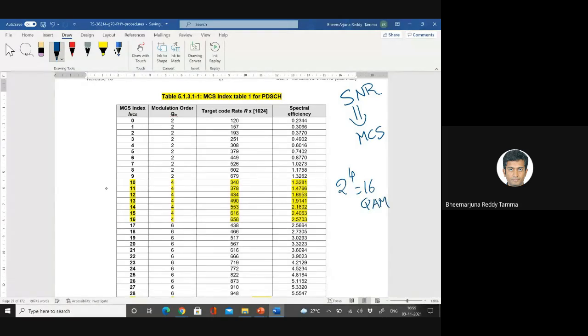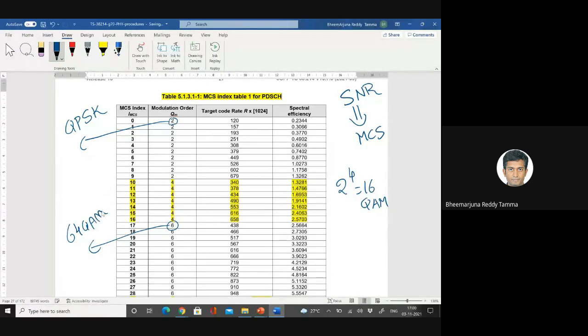Whereas the first one is QPSK, and this one is 64 QAM.